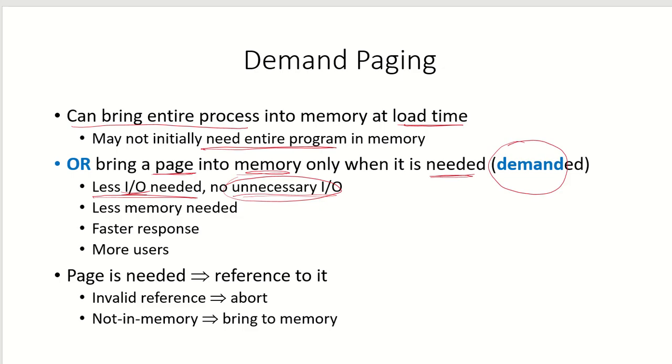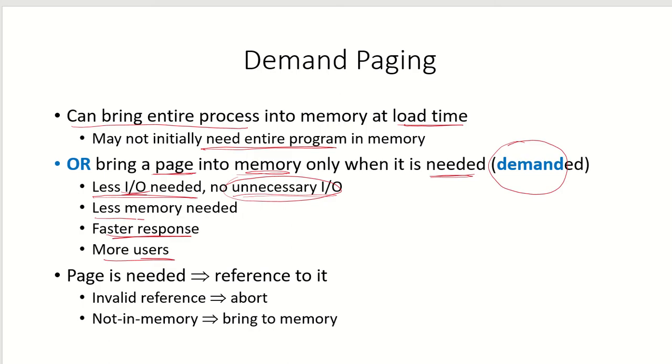We are not wasting time on input output. Also, since only a particular page is brought into the memory, less memory is needed for that particular process. There is a faster response as more users can be entertained by bringing their processes into the main memory.